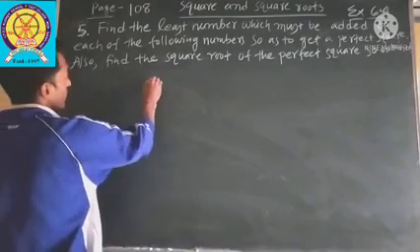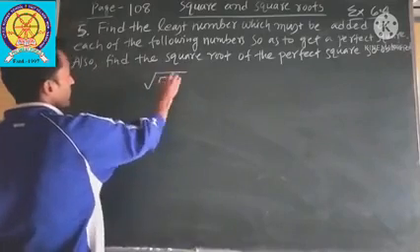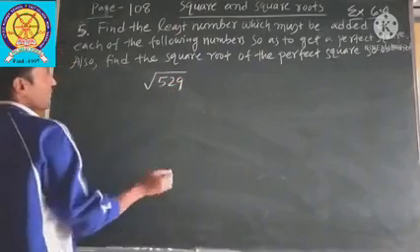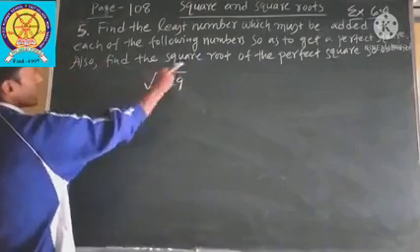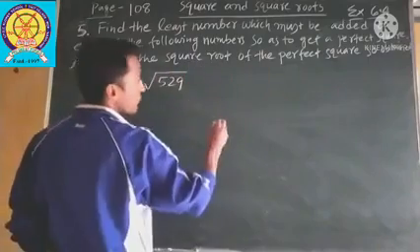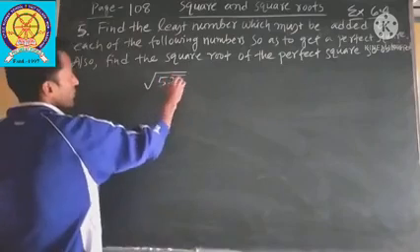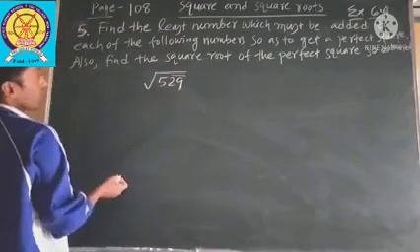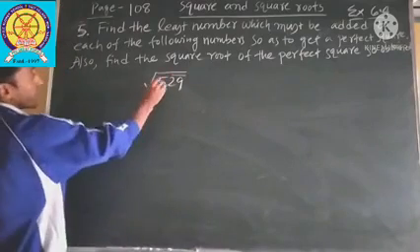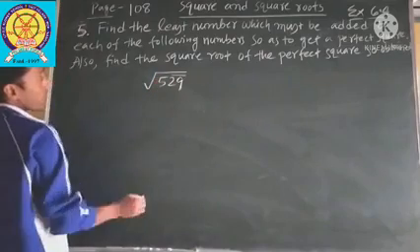The perfect square number we get is how much? 529. So 529, now you have to find the square root. You see the second part, find the square root of the perfect square number so obtained. So we have the perfect square number 529. So we will find the square root now.